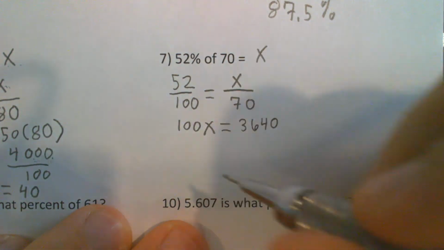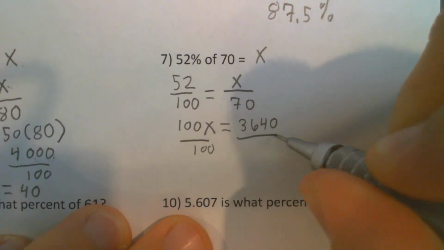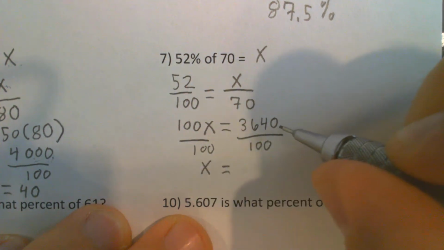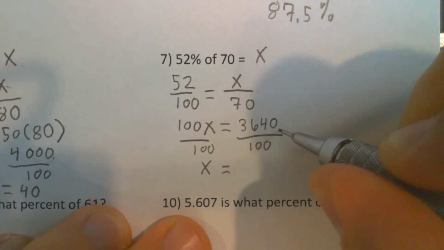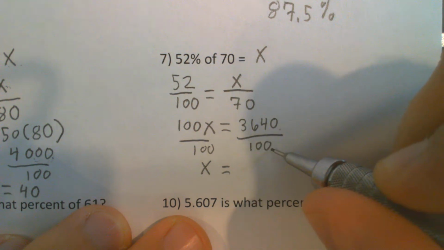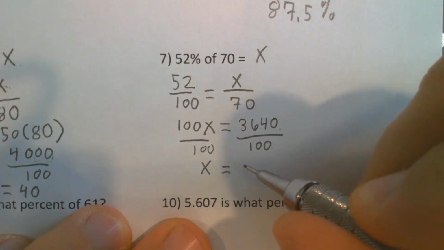Divide by 100. So the decimal is currently here after the 0. Move it 2 times to the left because we're dividing by 100. That will give us 36.4.